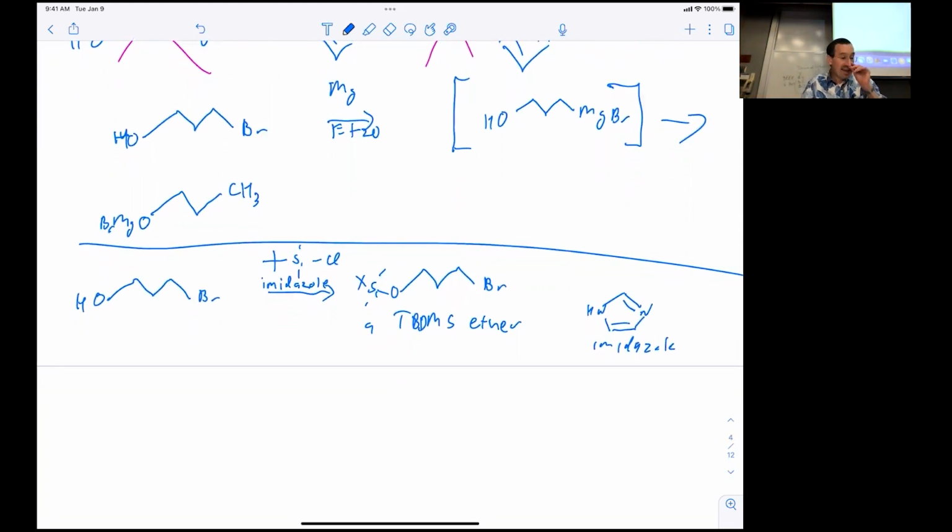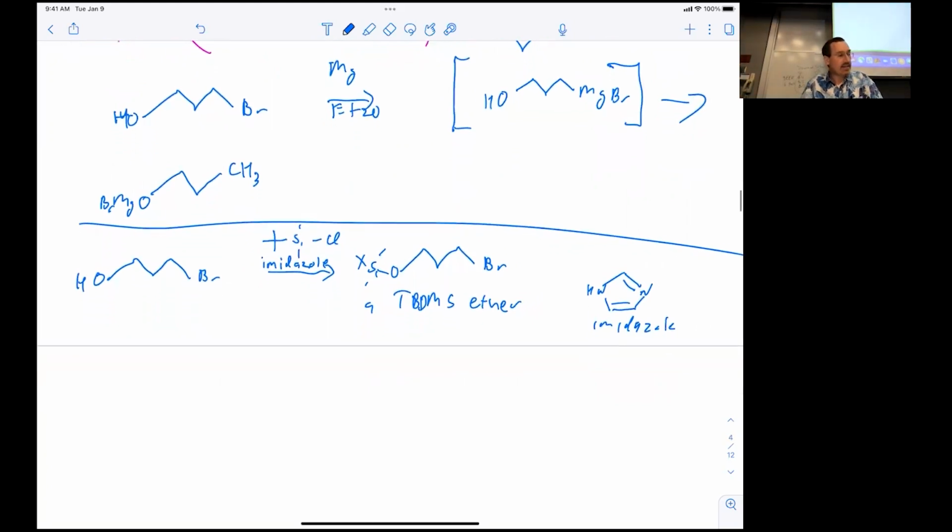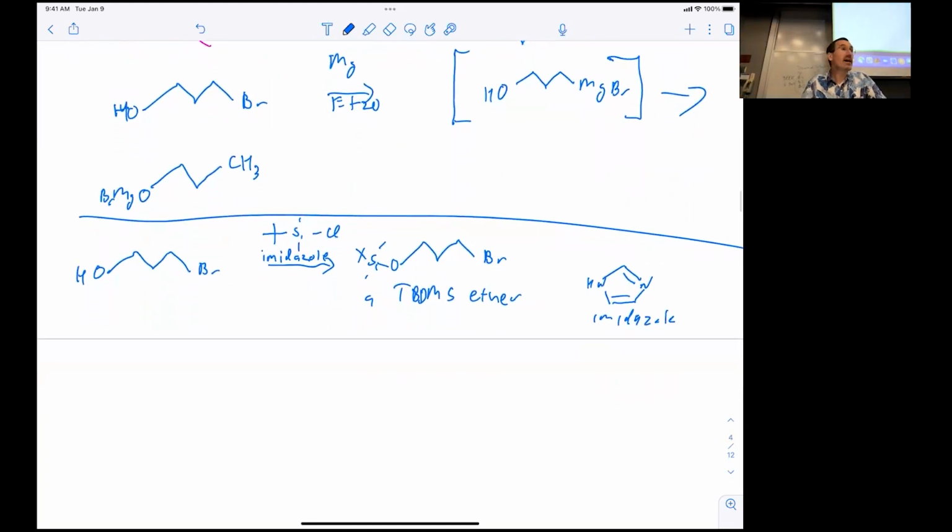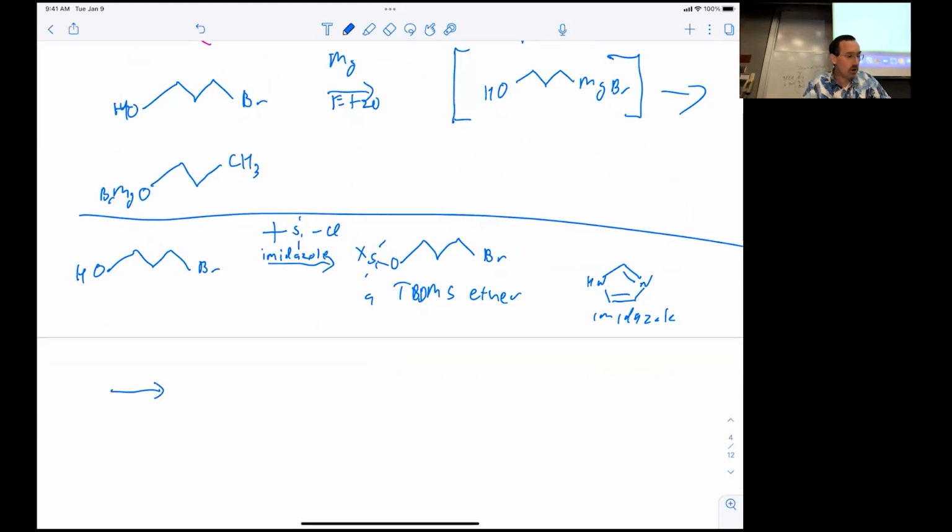So what that allows us to do is to hide the alcohol and thus now generate a Grignard reagent. If I treat this TBDMS ether with magnesium metal in ether, now I have no acidic alcohol lying around, and so I can go ahead and generate my Grignard reagent.